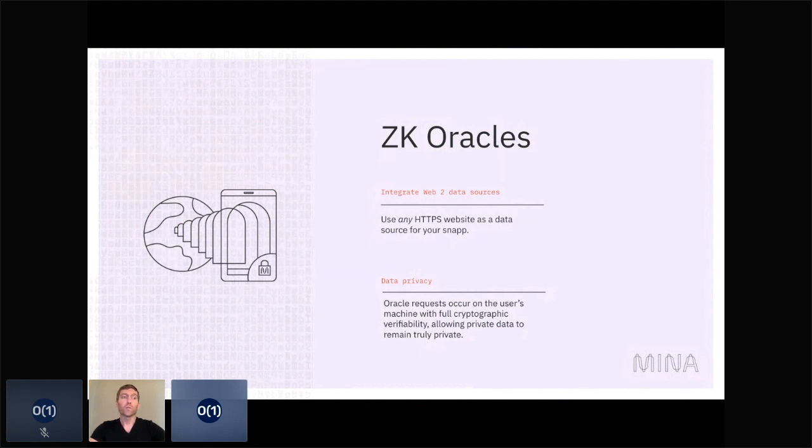When a ZK Oracle runs, it would run on the user's local machine. So they could fetch data, or your smart contract as a Snap developer could fetch data from a private data source or a private API, and it runs locally on the user's computer, whoever's using your smart contract. So you can actually maintain privacy for that data. So that will open up a bunch of different use cases.